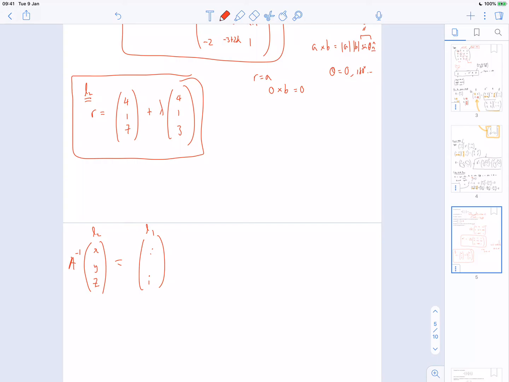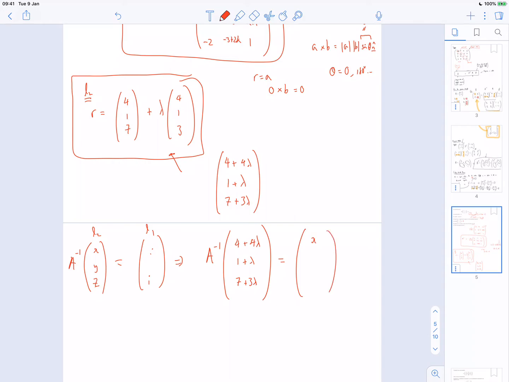Okay, so what is the x coordinates and y coordinates for this line L2? Well, it's going to be 4 plus 4 lambda, 1 plus 1 lambda, and 7 plus 3 lambda. So if I can do the inverse of 4 plus 4 lambda, 1 plus lambda, and 7 plus 3 lambda, then this will give me the x1, y1, and z1 coordinates on the line L1.